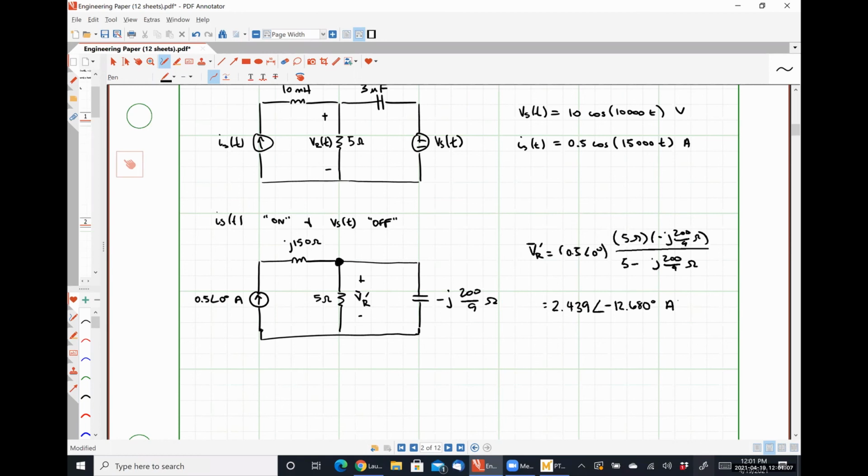Let me just double check. 0.5, that's correct, times 5 times minus J200 over 9 over 5 minus J200 over 9. All right, yeah.